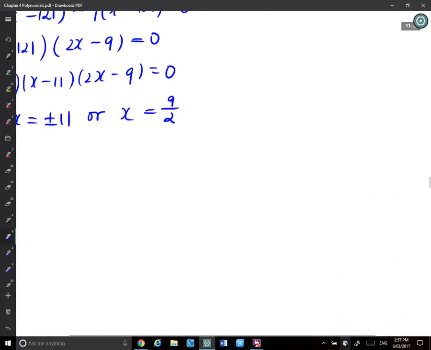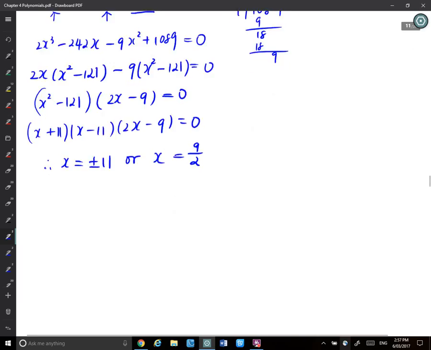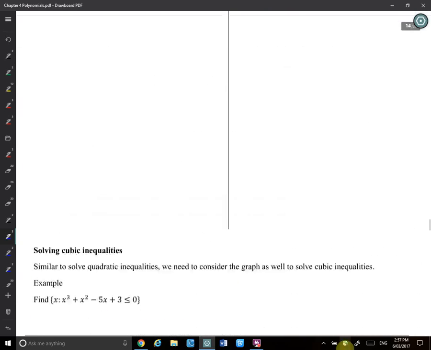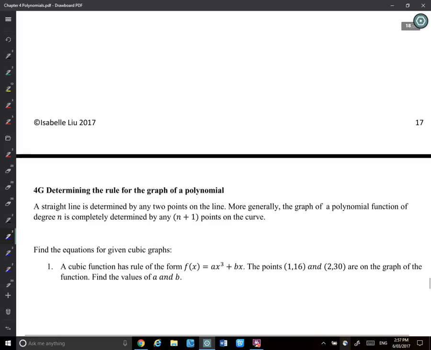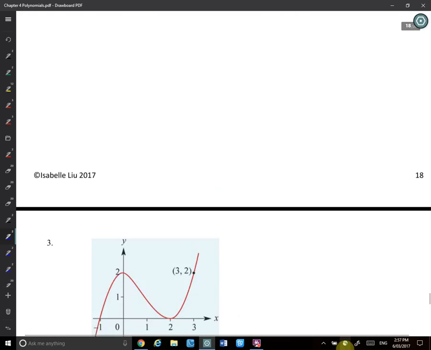Okay, the next lesson is sketching. I'm not going to continue, but you need to sketch this for me. We don't have many pages, but we have two more lessons.